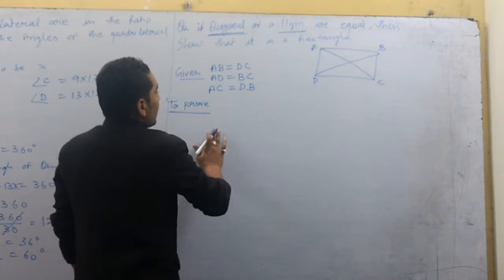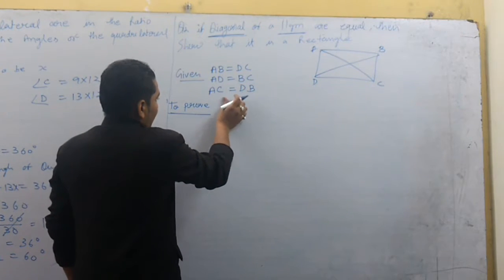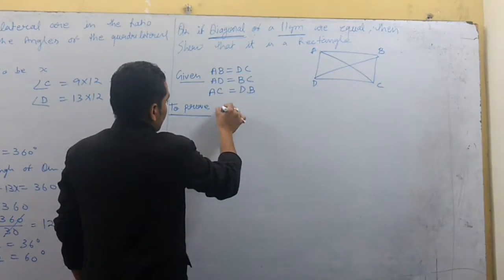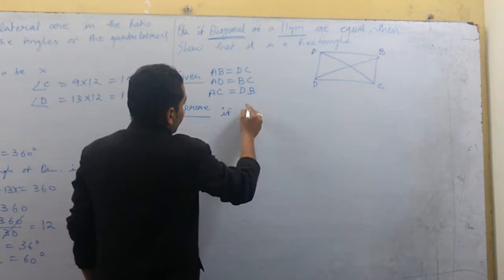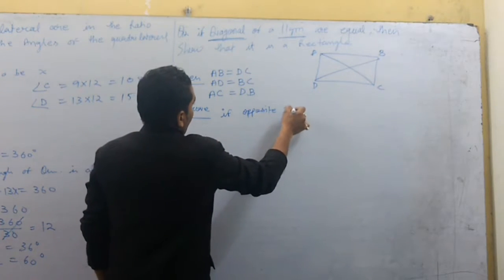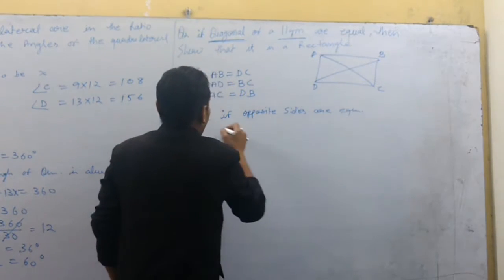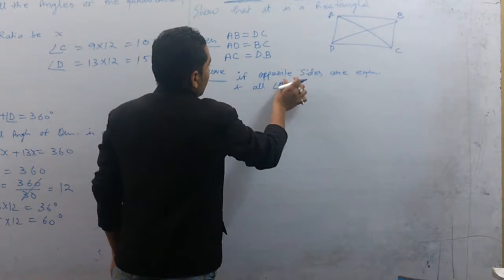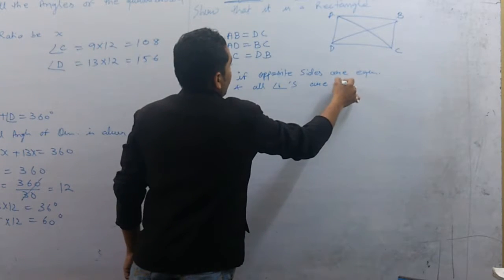Then what is a rectangle? If rectangle, then opposite sides are equal and all angles are 90.